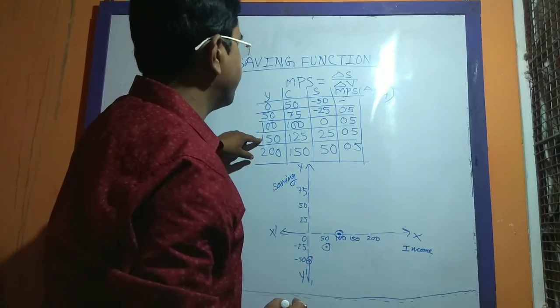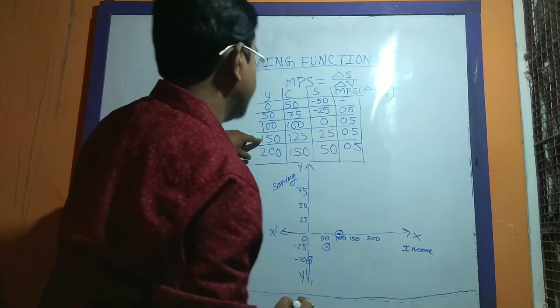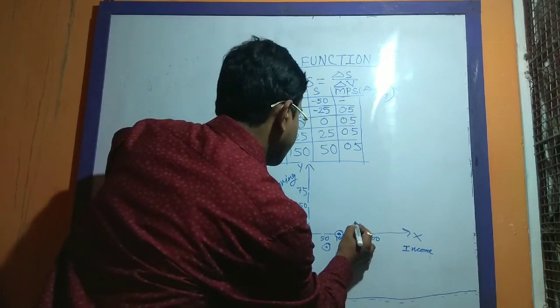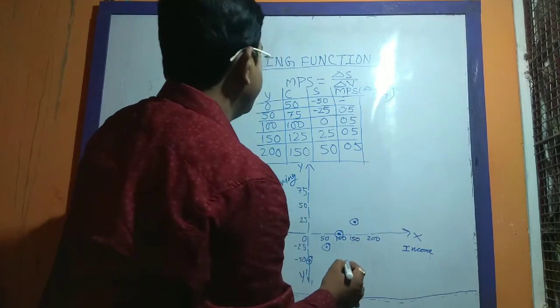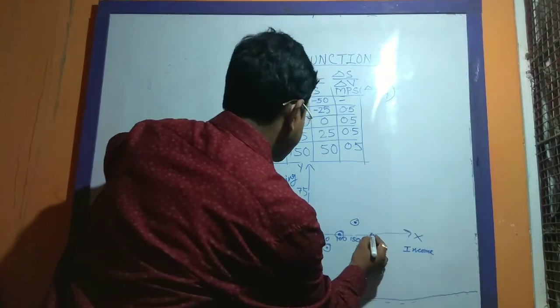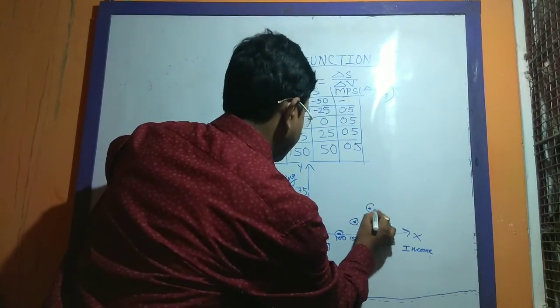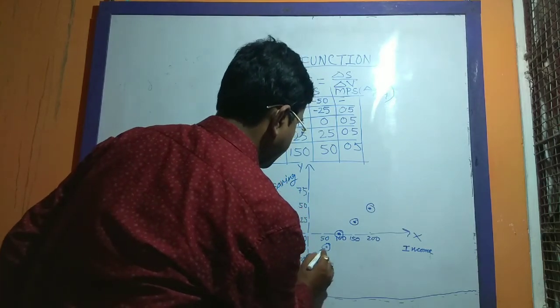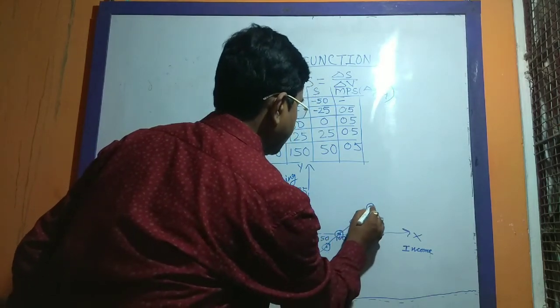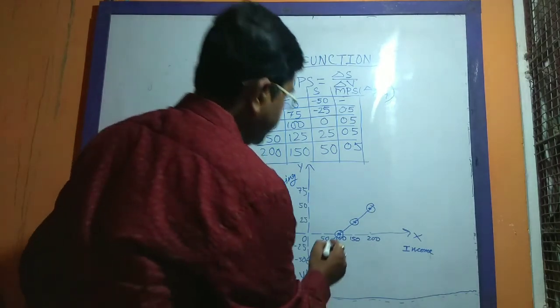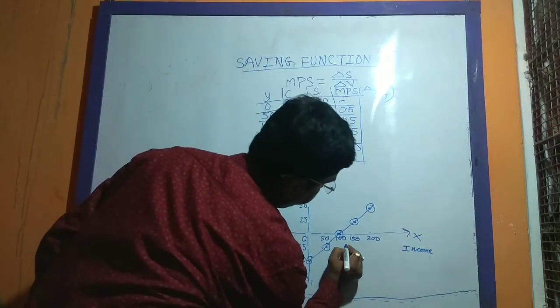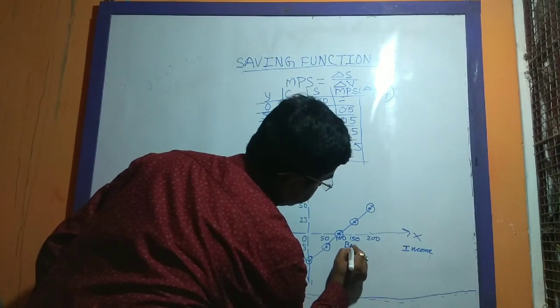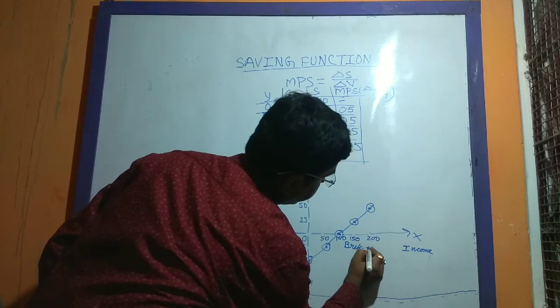When income is 150, saving is 25. When income is 200, saving is 50. So this is the break-even point.